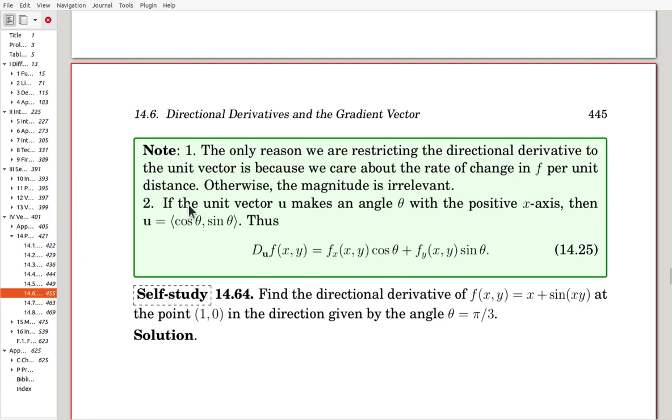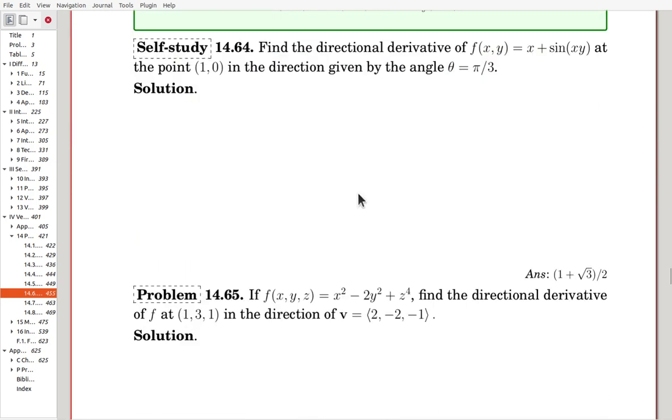If the unit vector u makes an angle theta with the positive x-axis, then u must be (cosine theta, sine theta), and D_u f must be given in this way. This is a summary from the earlier problem. Find the directional derivative of f(x, y), given in this way, at the point (1, 0) in the direction given by the angle theta equal to pi over 3.